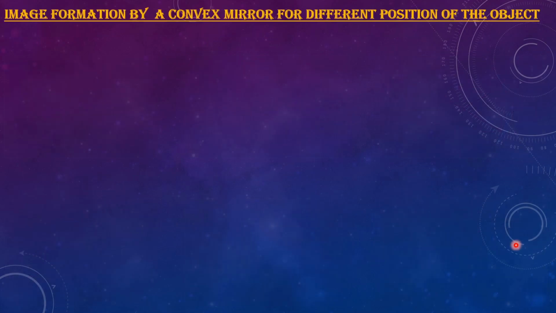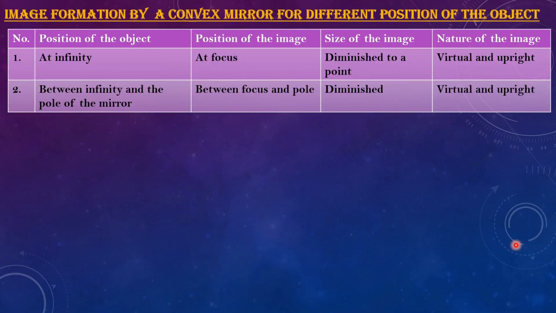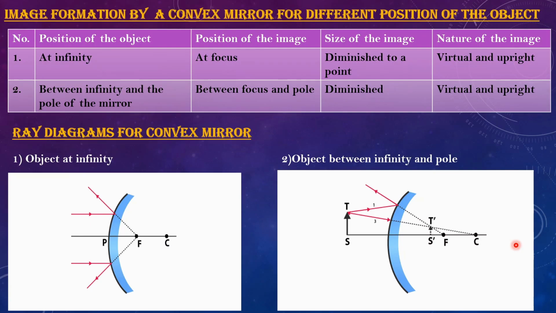Now, the image formation by a convex mirror for different positions of the object. So let's take a look. When the position of the object is at infinity, then the position of the image will be at focus. For this, the diagram is given below.